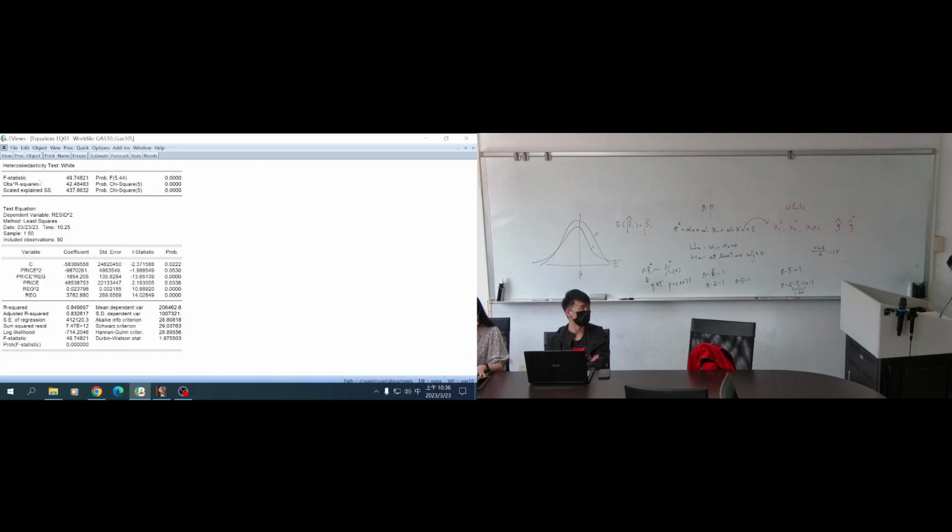We call it heteroscedasticity corrected standard errors. Since we were concerned with the standard error caused by heteroscedasticity, we have a method called heteroscedasticity corrected standard errors.